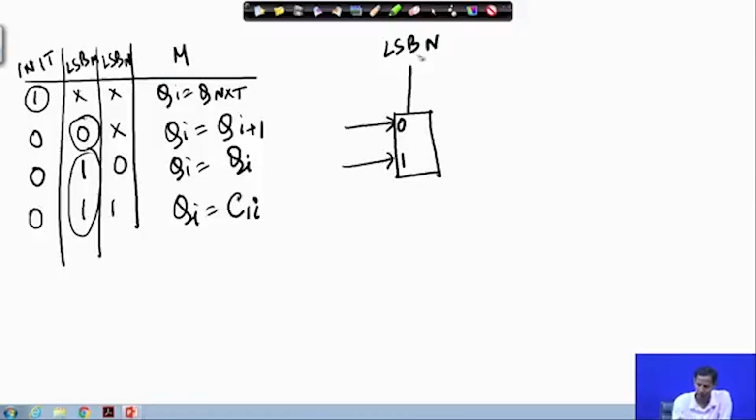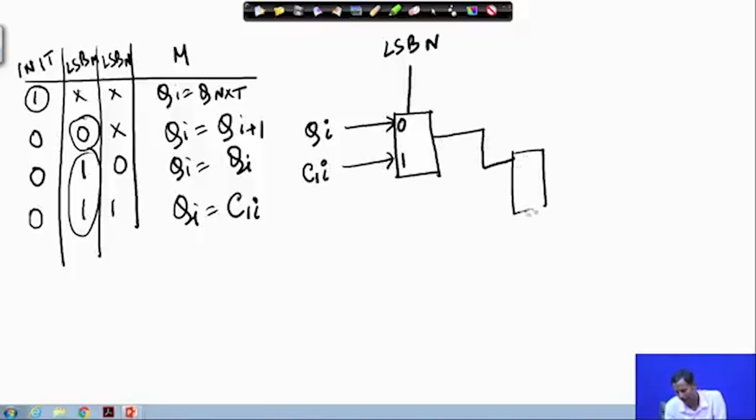For LSB n equals to 0, this is q I and this is C1 I. Then this will come to another multiplexer where the other input is q I plus 1, and this will depend on the LSB of m.